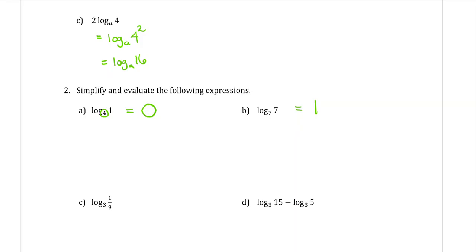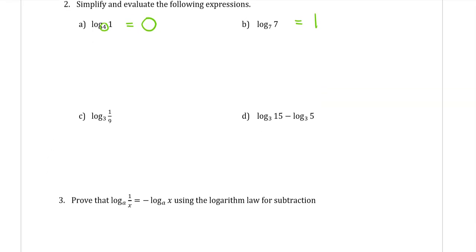Question C, log base 3 of 1 over 9. Okay, now 1 over 9 is the same as 1 over 3 squared. We could change that fraction a little bit to be 3 to the power of negative 2.